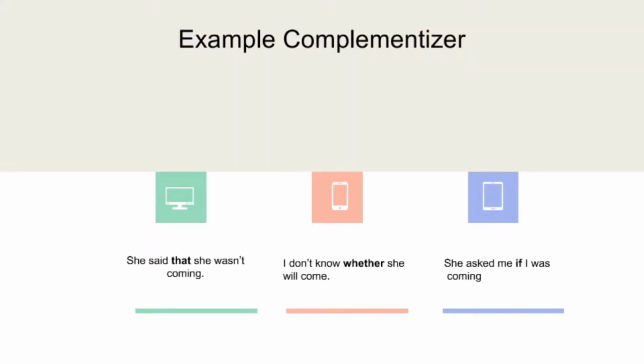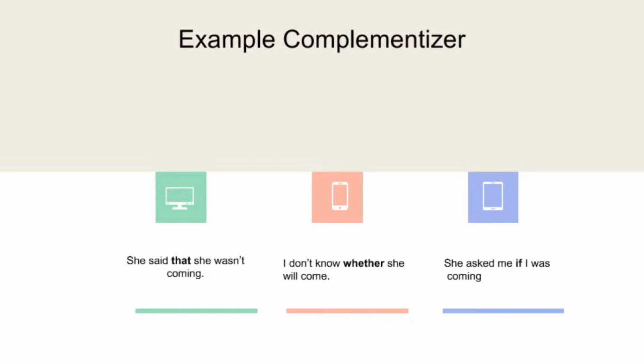For example, complementizer in the sentence is, for the first, she said that she wasn't coming. In this sentence, complementizer is that.